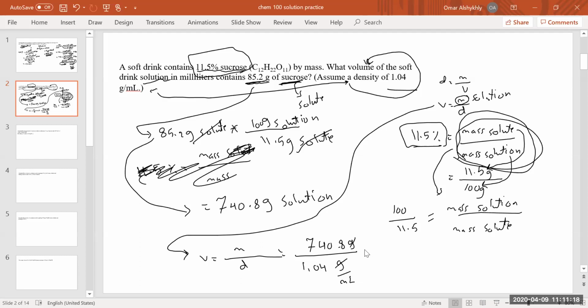That's a gram with a gram. Here, do the math, it will equal approximately 740.8 divided by 1.04, give you 112.3 milliliter solution.